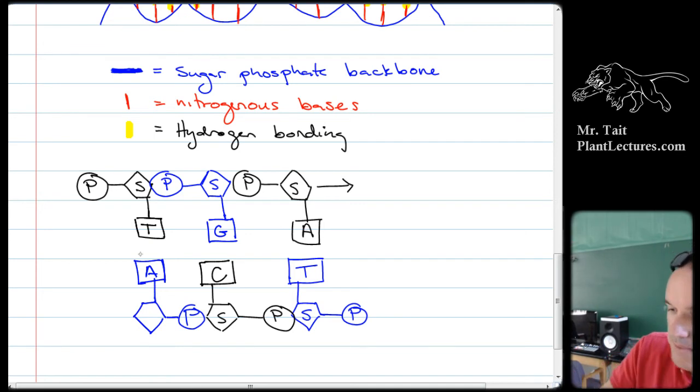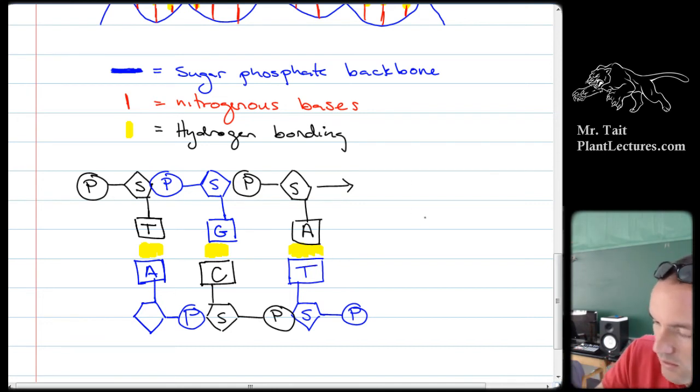And so they're held in place by hydrogen bonds here. You can see, kind of obviously at this point, that the sugar phosphate backbone is made out of sugar and phosphate, right? And then the nitrogenous bases are in the middle, held together with hydrogen bonding.